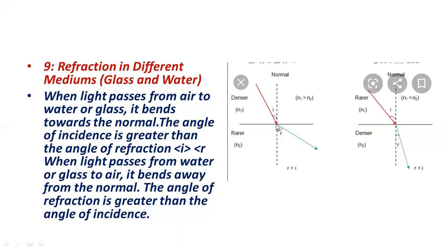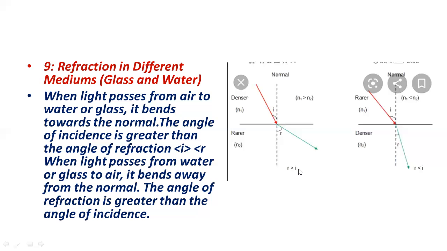So when light passes from a denser medium, from water or glass, into a rare medium, which is air, you can see the refracted ray is bending away from the normal. You can see this angle is a big angle over here. Angle of incidence is small, and angle of refraction is greater. In this case, angle of refraction R is greater than angle of incidence.